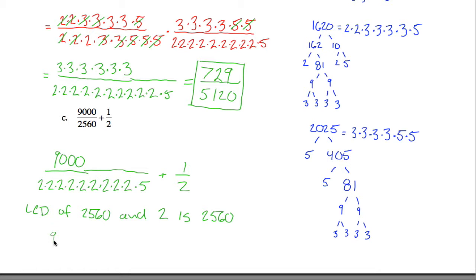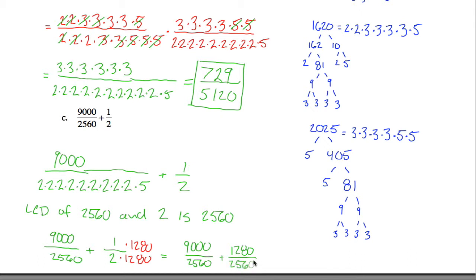So really what we could say is we got 9,000 divided by this 2560 plus, in order to make this denominator equal to 2560, we'd have to multiply the top and the bottom by 1280. What we now have is a least common denominator. We got 9,000 of these 2560ths plus 1280 of these 2560ths.